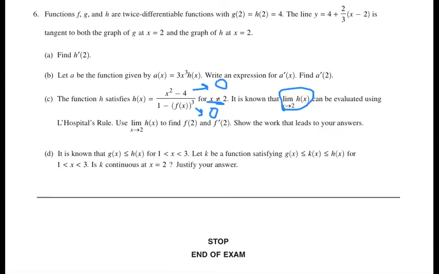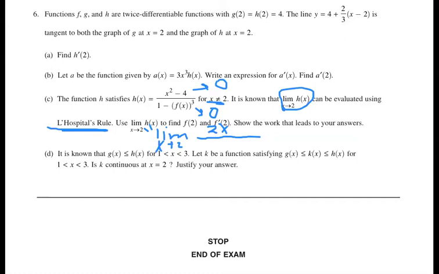Now it says it can be evaluated by L'Hopital. So there's another reason we know that's going to be 0 over 0. So we want to find the limit of this function as x approaches 2. That limit by L'Hopital is going to equal the limit as x approaches 2 of the derivative of the top part, which is 2x, over the derivative of the bottom part.